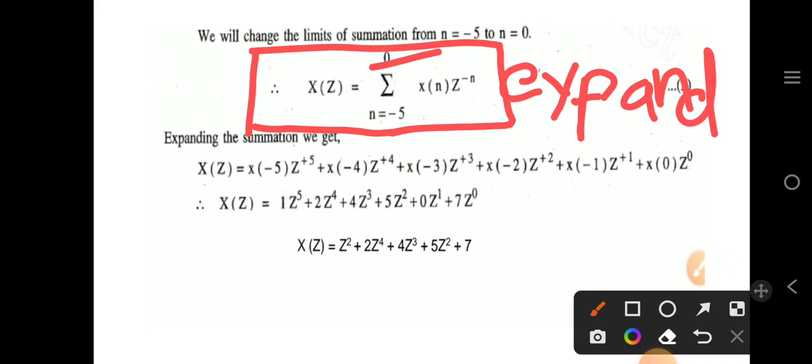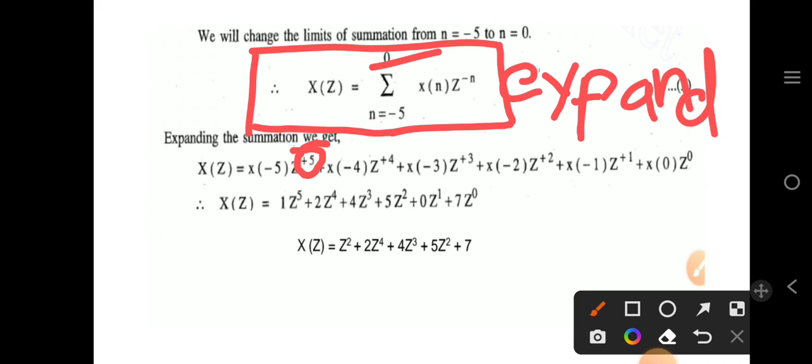So X of z will become x of minus 5 z raised to the power minus n, meaning minus of minus 5 will become plus 5, plus x of minus 4 z raised to the power minus of minus 4, meaning plus 4, plus x of minus 3 z raised to the power 3, plus x of minus 2 z raised to the power 2, plus x of minus 1 z raised to the power plus 1, plus x of 0 z raised to the power 0.